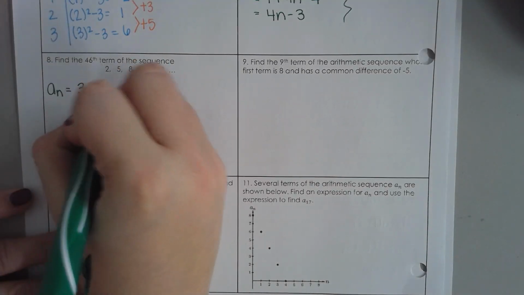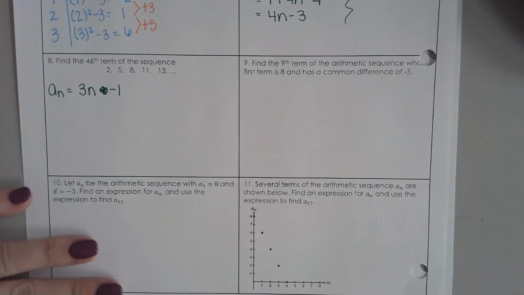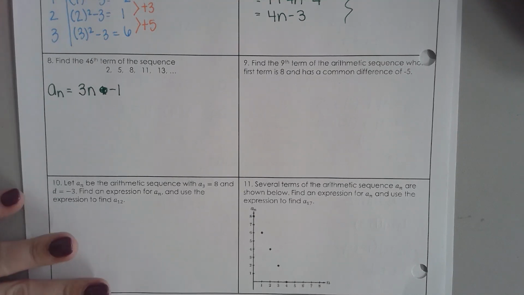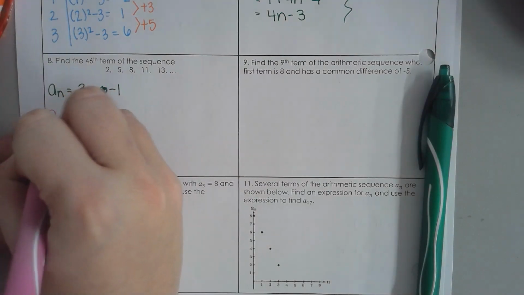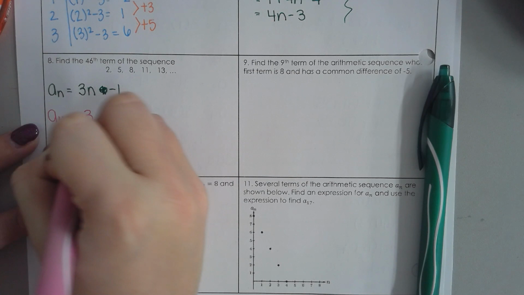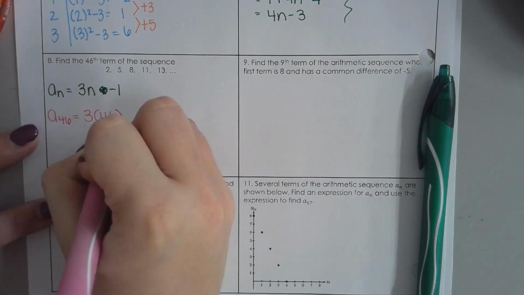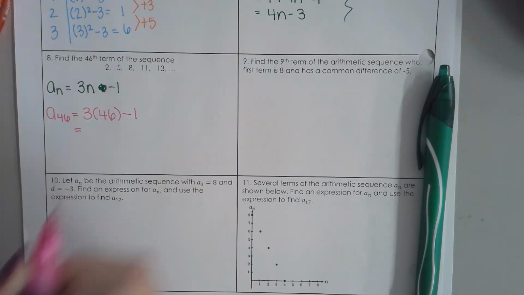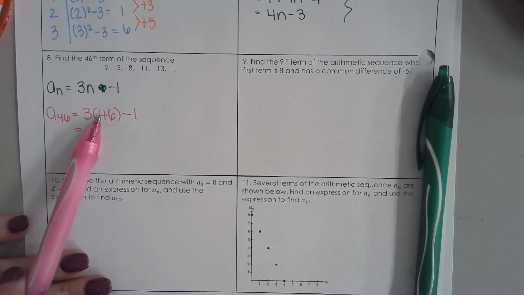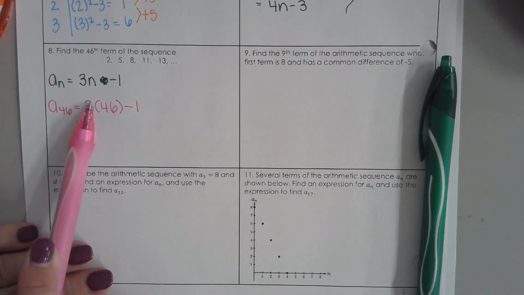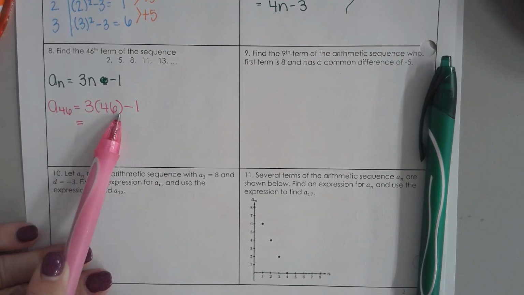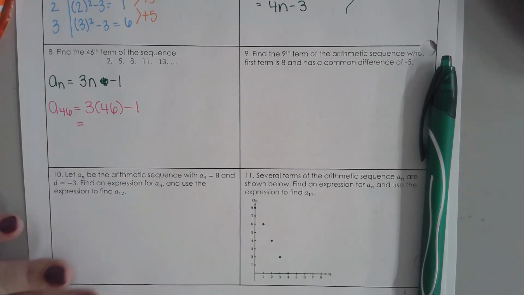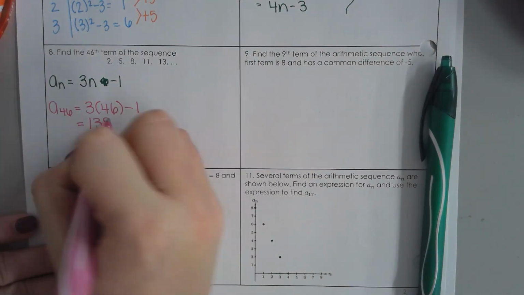So I really should have done -1. And I'm going to find the 46th term. I would have 3 times 38 minus 1.